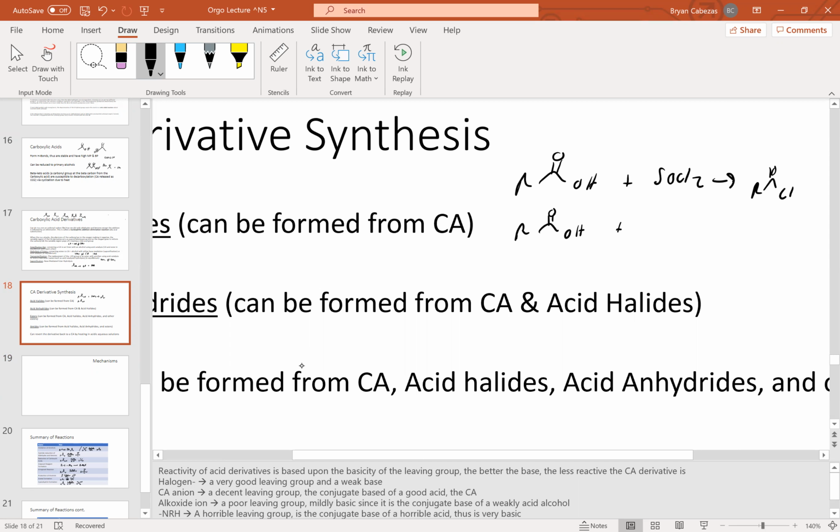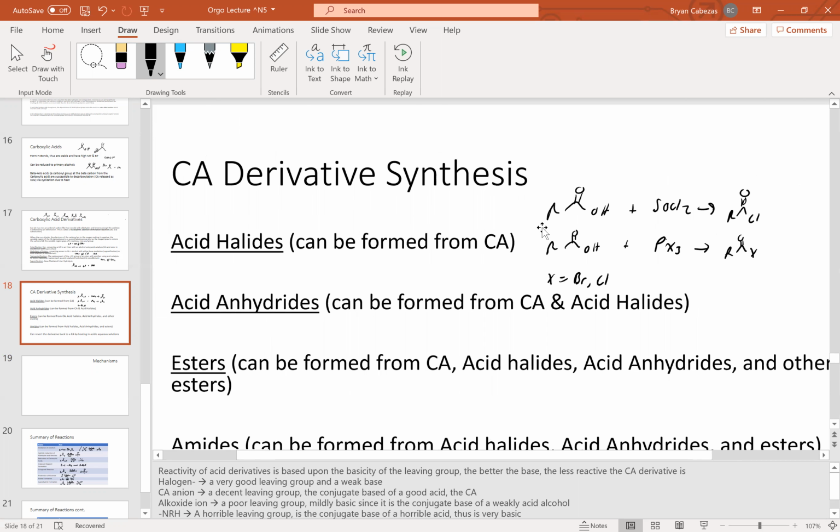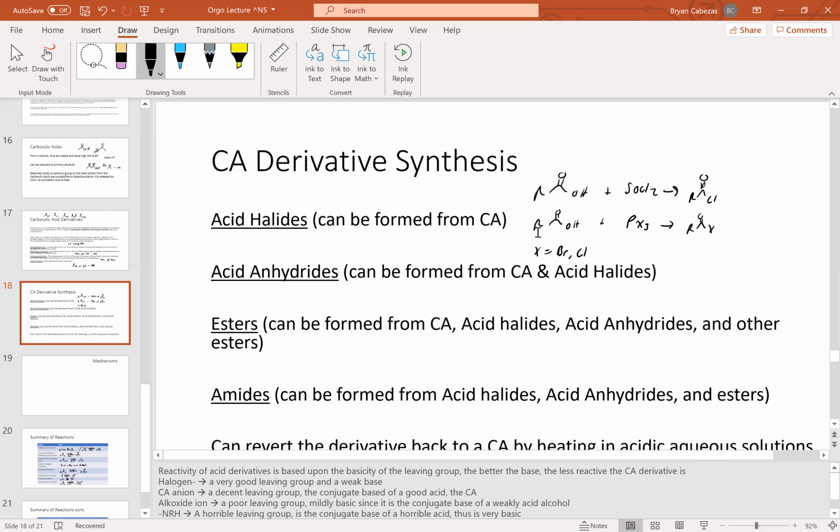And in this reaction, we can have a PX3, where the X can equal either a Br or a chlorine. So it can be PCl3 or PBr3, whichever one. And then this combines with our carboxylic acid, and we form our nice little product. Okay, so it says here, acid halides can be formed from carboxylic acids, right? We've just seen this. Now let's look at acid anhydride. So pause the video and write down these reactions.